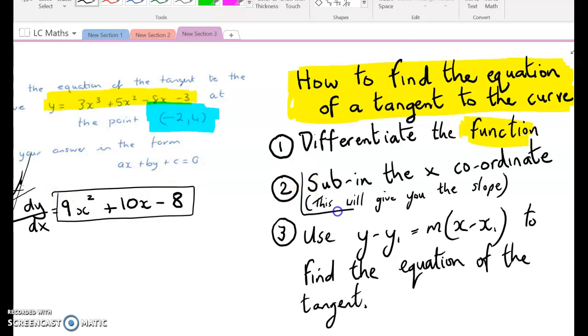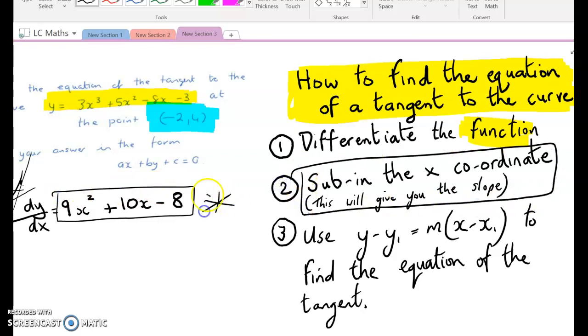Next thing you do is you sub in the x coordinate into this equation we've just made. The x-coordinate is just the x-coordinate in the point that was given. It's minus 2. So it'll be 9 times minus 2 squared plus 10 times minus 2 minus 8.